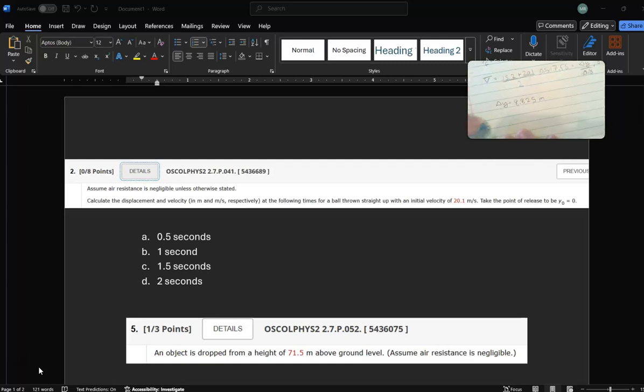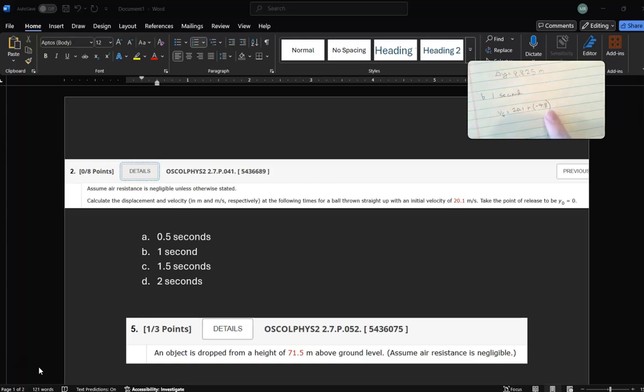At 1 second, we can again find our final velocity by taking our initial velocity, which is 20.1, plus my acceleration due to gravity. That's a negative 9.8, since the ball is initially thrown up at 20.1 meters per second but gravity is acting in the downward direction.